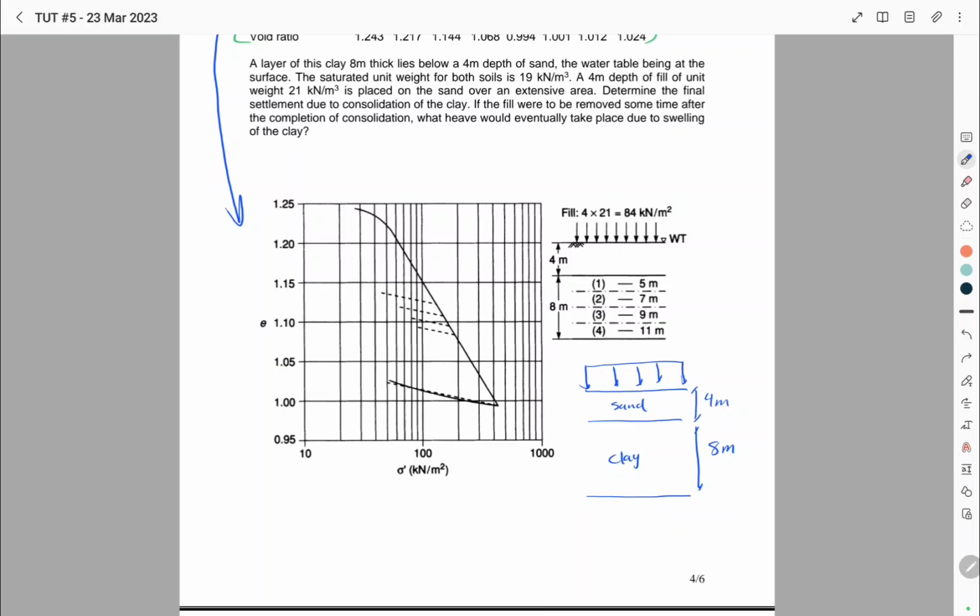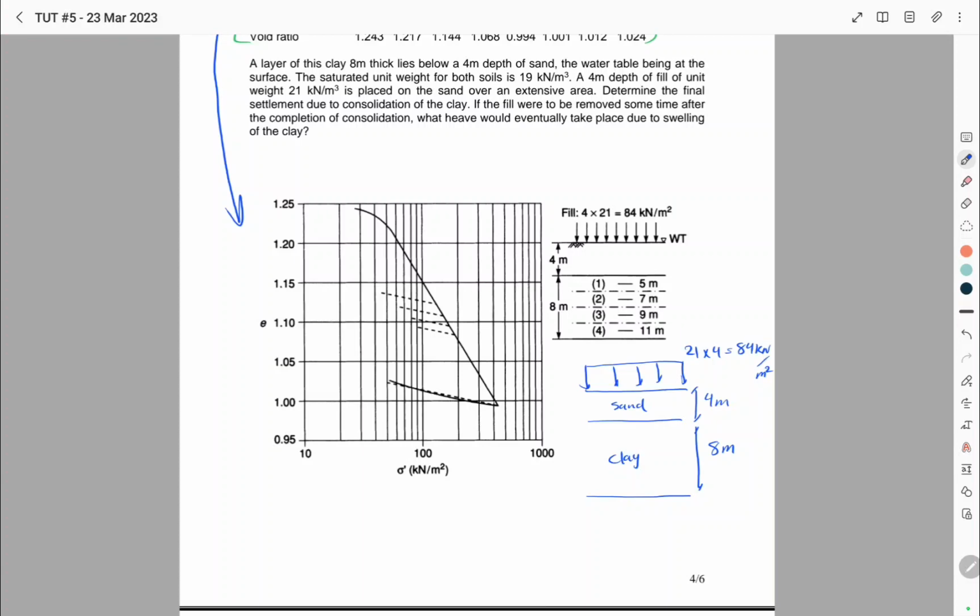So the load corresponding to the fill is basically just the unit weight of the fill times the depth of it. So it's 84 kilonewton per square meter.